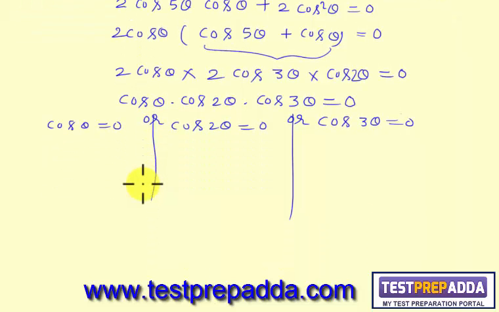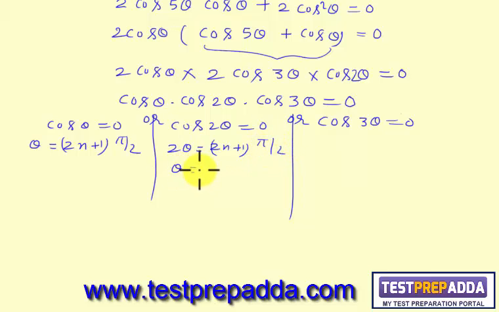Now, when cos theta is equal to 0, I can write theta as in general (2n plus 1) pi by 2. And if cos 2 theta is equal to 0, I can write 2 theta is equal to (2n plus 1) pi by 2, or theta is equal to (2n plus 1) pi by 4.